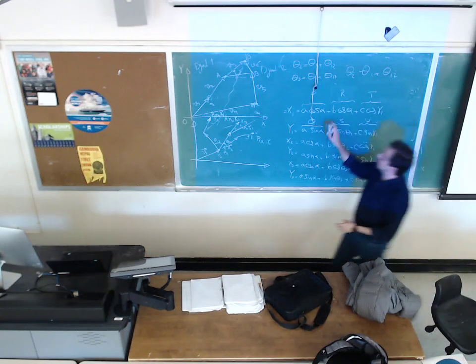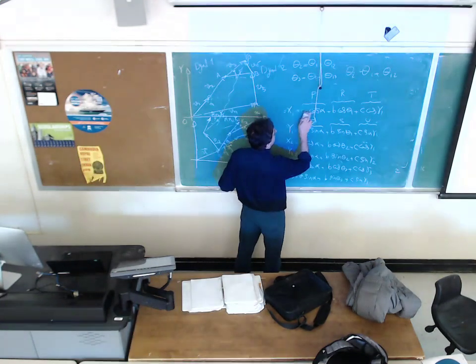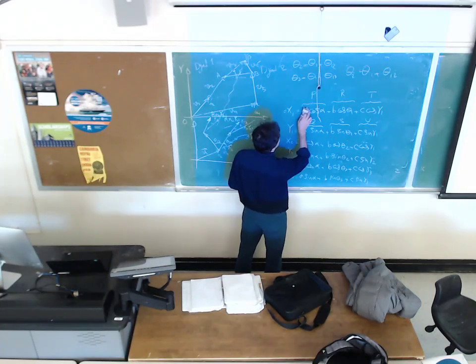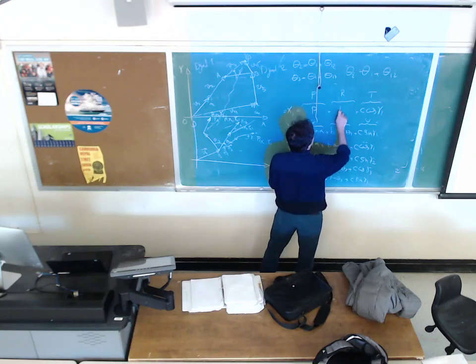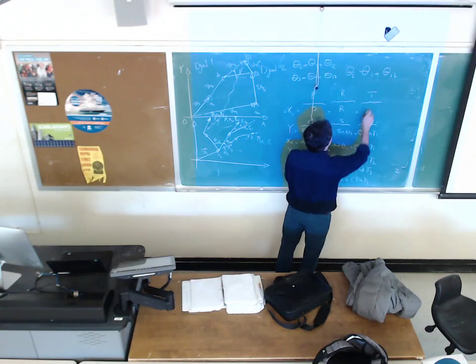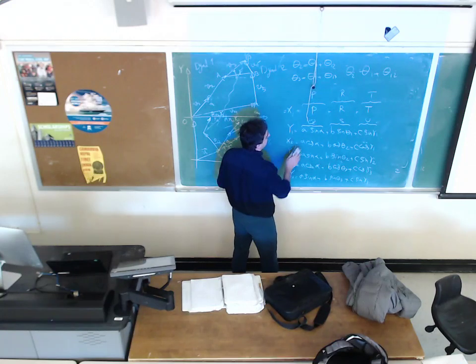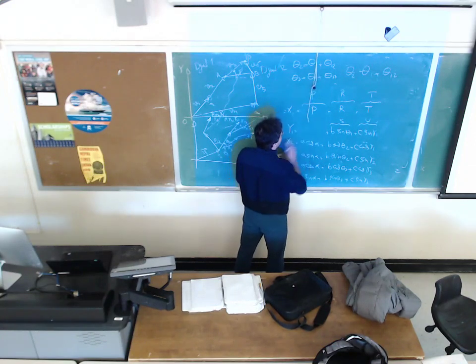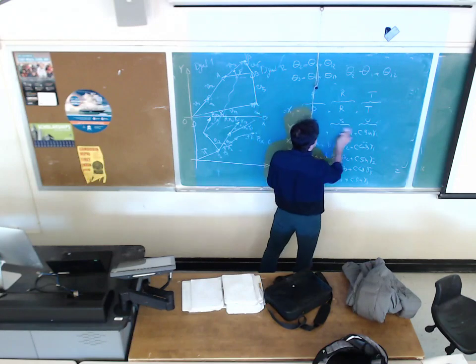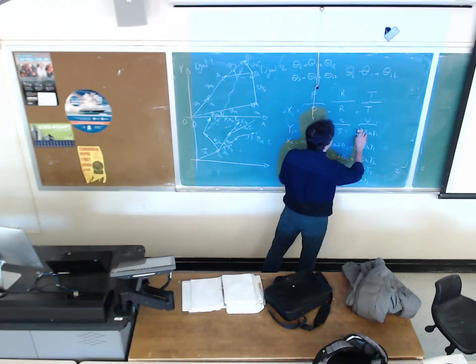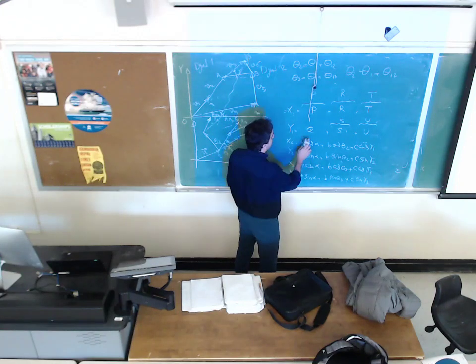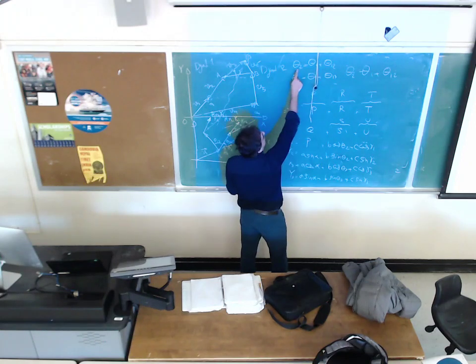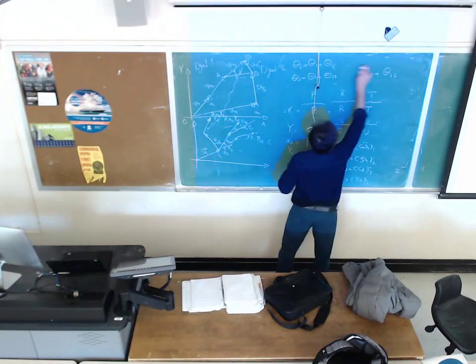For example, the first equation is going to be P plus R plus T equals X1. The second equation is going to be Q plus S plus U. In this equation, A cosine of alpha is going to be P. B cosine of theta 2, we write theta 2 equals theta 1 plus theta 12.